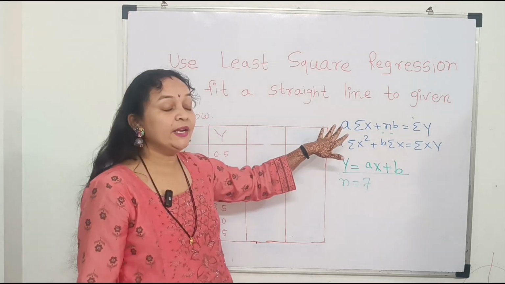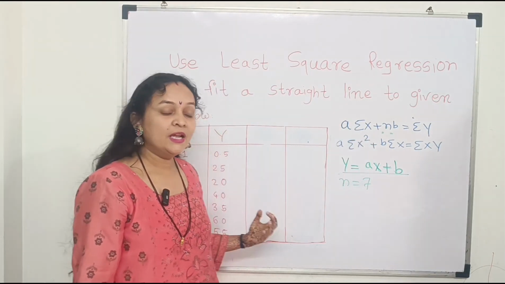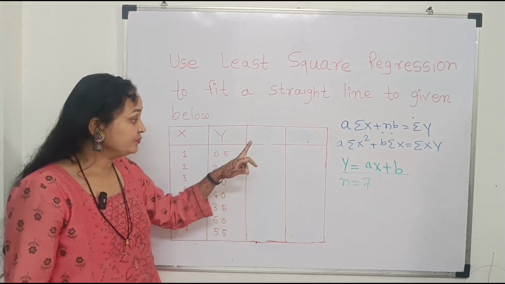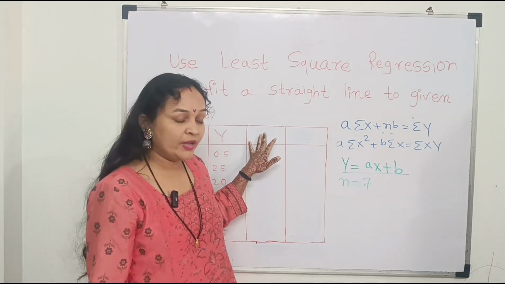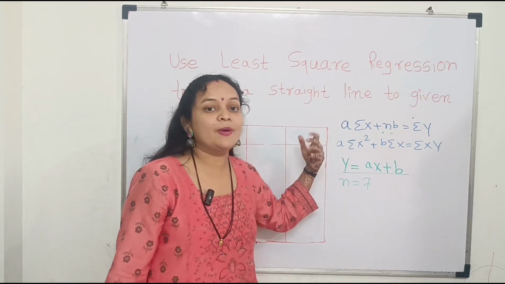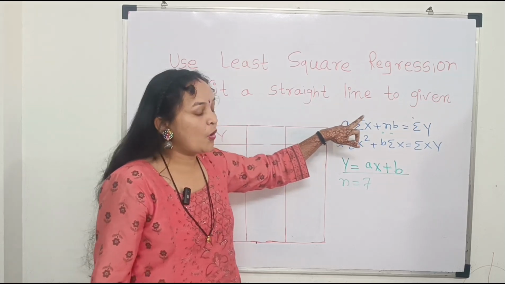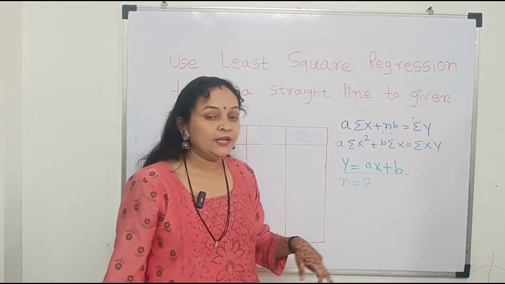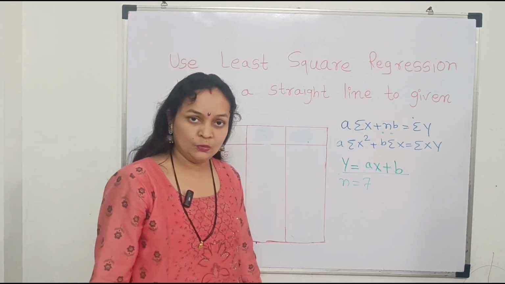With respect to that, you are supposed to calculate the summation of x, the summation of y. Next, you are supposed to calculate the summation of x square and the summation of x multiplied by y, and whenever you get all these values, with respect to that you are supposed to find out the a and the b values, right?